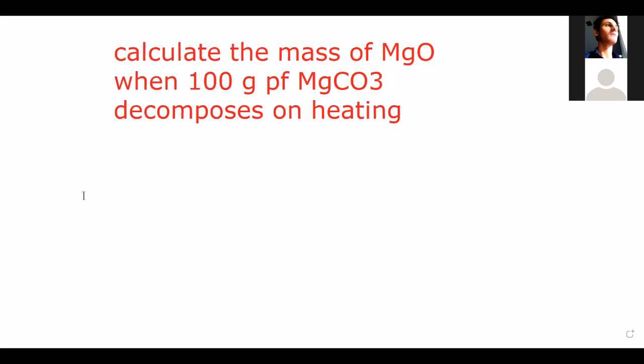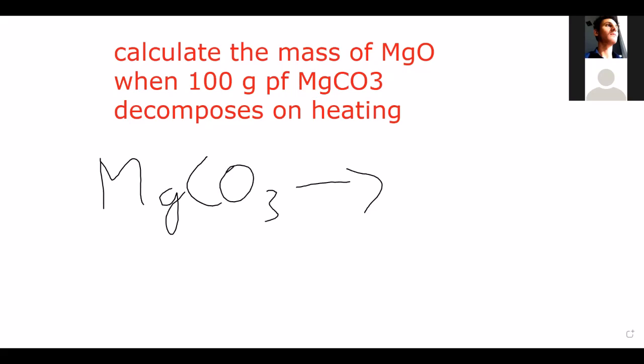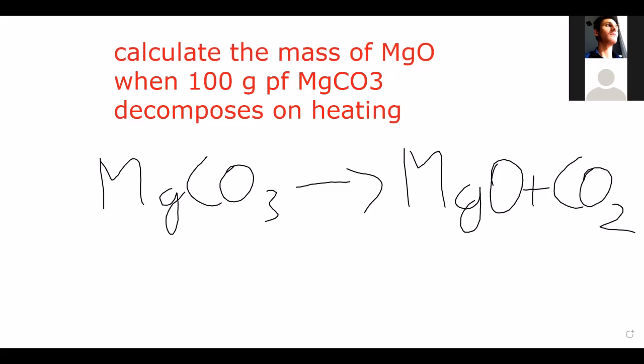For this, we'll first write the balanced chemical equation. The decomposition of a carbonate produces a metal oxide and carbon dioxide gas. We have 100 gram of MgCO3 and we have to find the mass of MgO.